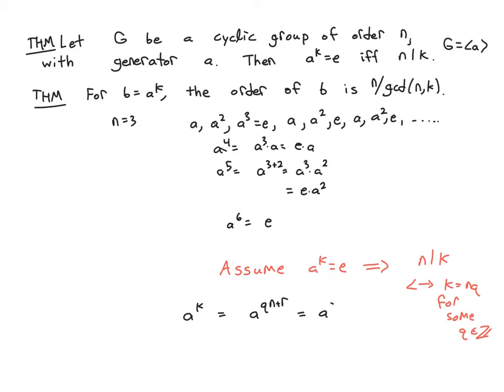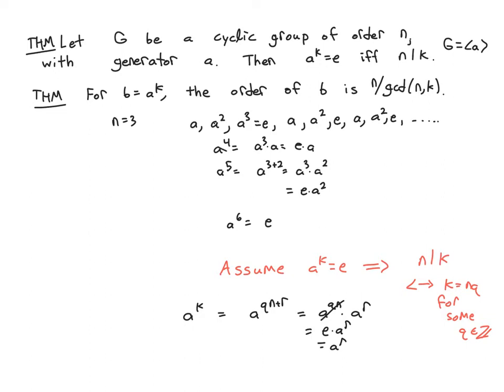A to the qn times a to the r. But a to the qn is just the identity, and you get a to the r. In other words, if your remainder was 1, you get a. If your remainder was 2, you got a squared. And if your remainder was 3, you got remainder 0. You got e.